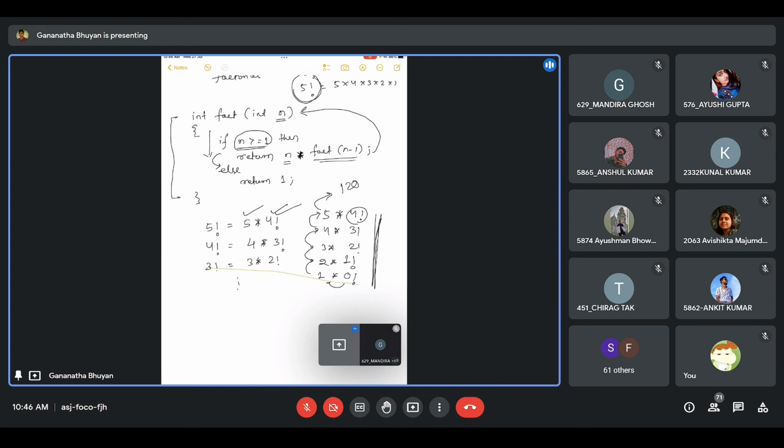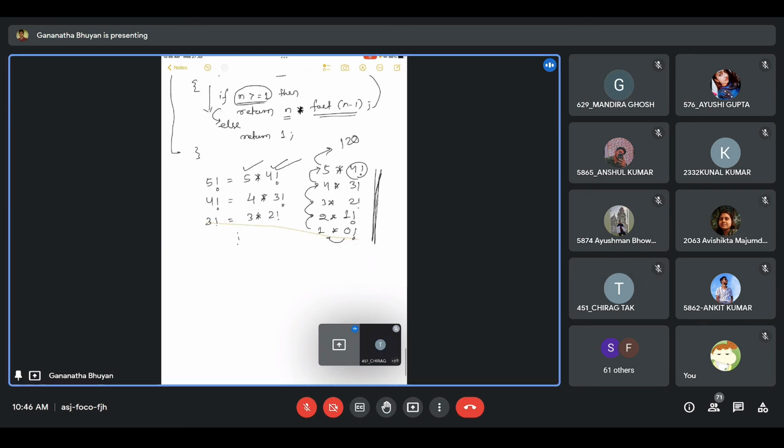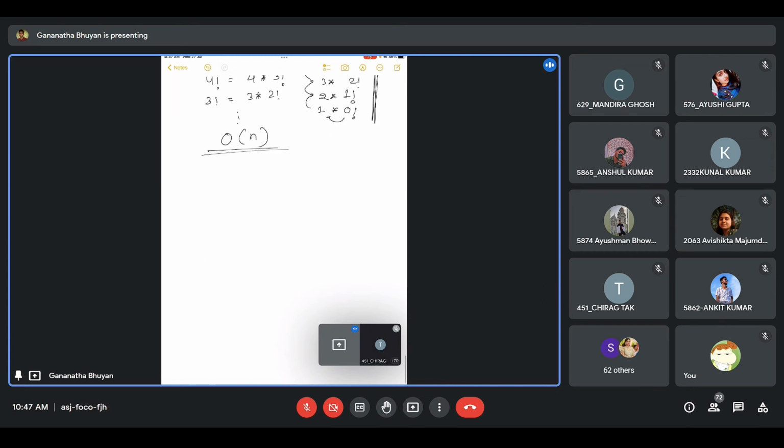So how many times in terms of n? N times the multiplication operation is repeated. So in this case the time complexity will be order of n only. Remember this: time complexity is the number of times a particular operation or instruction is being repeated.